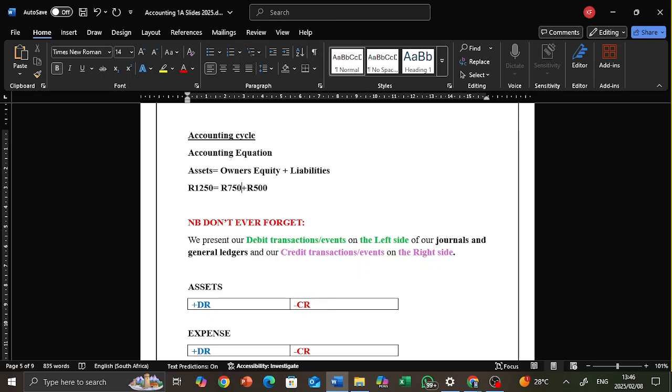And to make it balance, if we bought this item on credit, we would need to ensure we record what portion of the liabilities are going to be paid off in the current financial year, as well as projecting the portion of the liabilities that we owe further in the future. Okay.